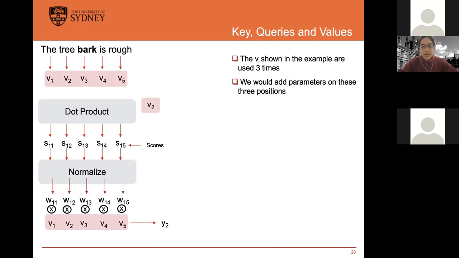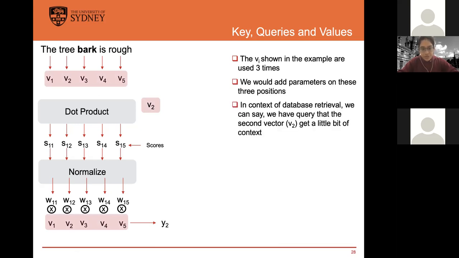So what we would do here is add parameters at these positions. If you think in the context of database retrieval, we can say that we have a query for this second vector. We want a bit of context for this vector. So this becomes my query.